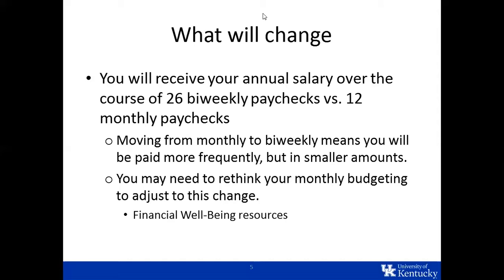And to be completely transparent, because it's important for the university to let employees know exactly how this is going to impact them, if we go back to the example that we just talked about, the $40,000 for the year, when you're paid monthly, when you go biweekly for 10 of those months, you will actually be paid about 8% less than what you are currently being paid as a monthly paycheck.